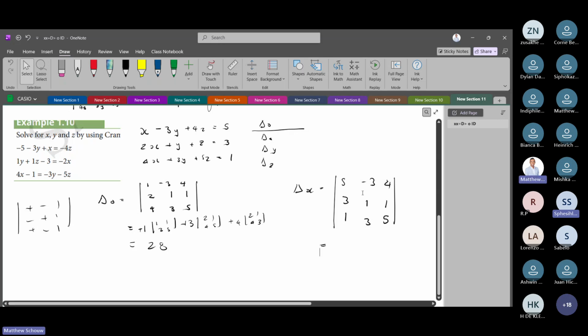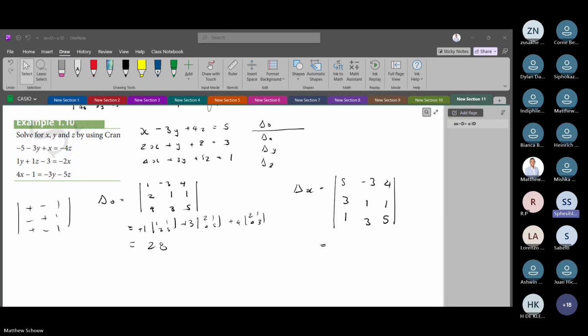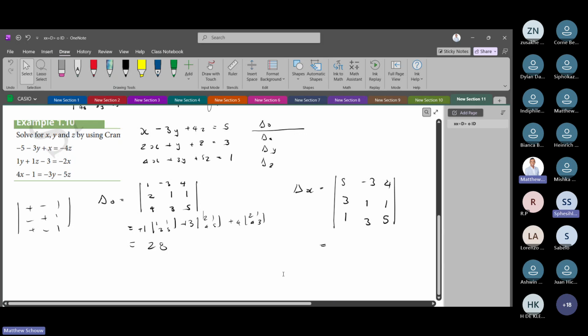Which one, this one or that one? You mean determinant of delta x? I got delta x as 1. Which one are you doing, sir? We are on delta x now. Okay, let's begin with delta 0. In delta 0, sir, I got 60.